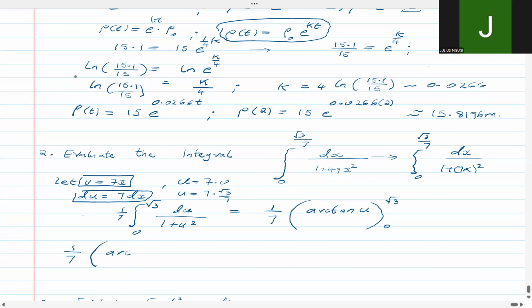Then we substitute the upper limit for u, that's arctan √3 minus arctan 0. So the answer becomes 1 over 7 arctan of √3.